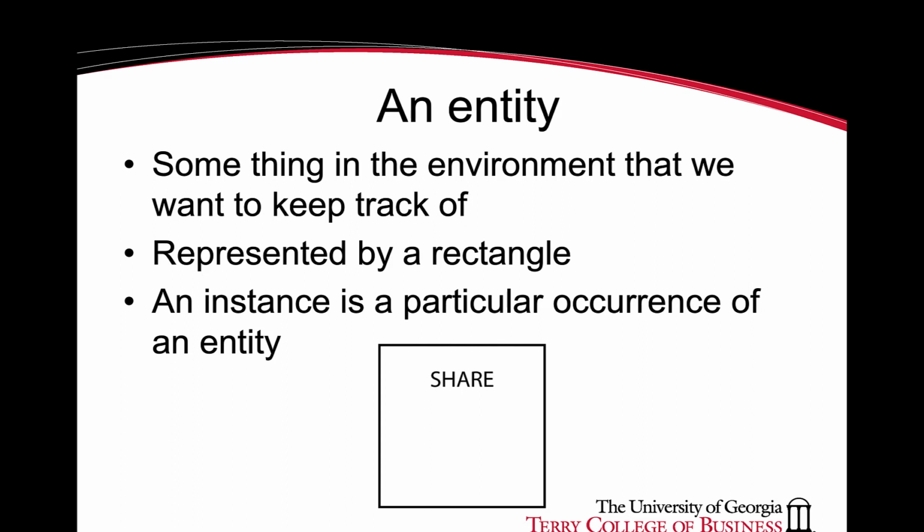Now we will cover some concepts and terminologies associated with data models and the corresponding terminologies and concepts in a database. The first concept we should familiarize ourselves with, associated with a data model, is the concept of an entity. An entity is something in the environment that we want to keep track of.